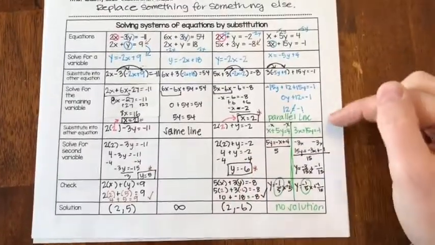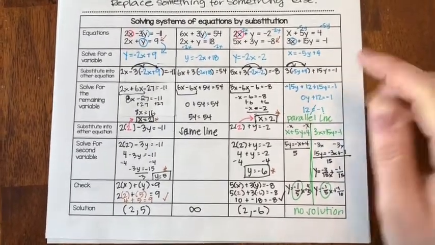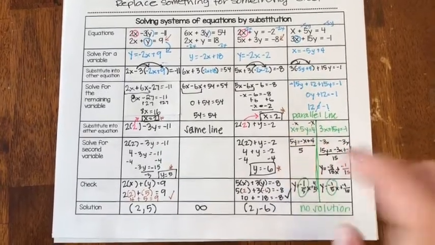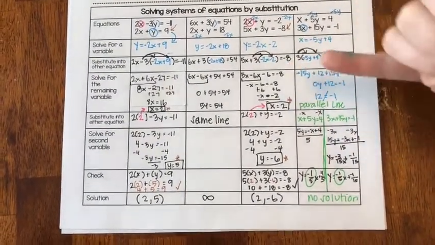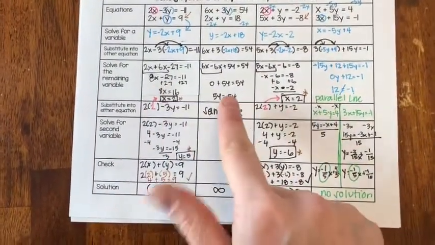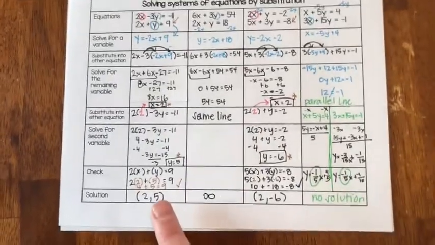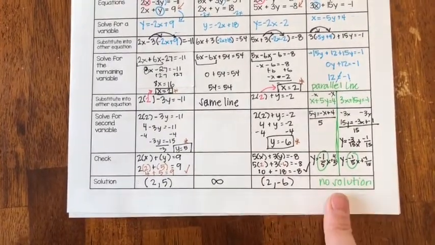If you work through and you end up with two different numbers and no variable, that means you have two different lines, but they're never going to touch. They don't have any intersecting y's. They don't have any intersecting x's. Here, this is where it's intersecting. This one, it's always intersecting. This, it'll never intersect. So one solution, infinite solutions, no solution.